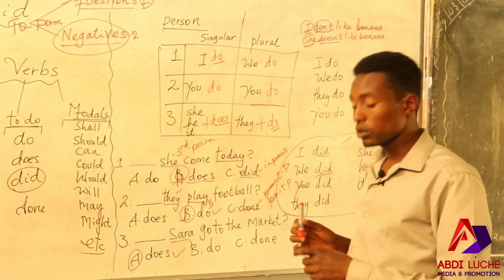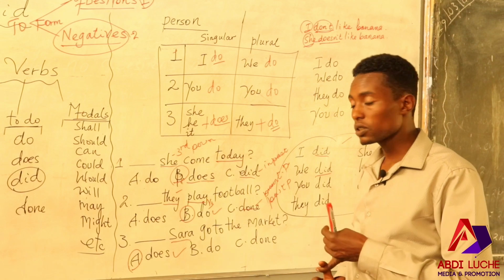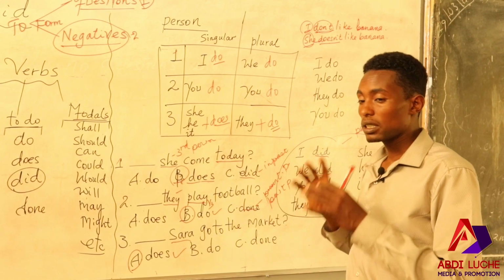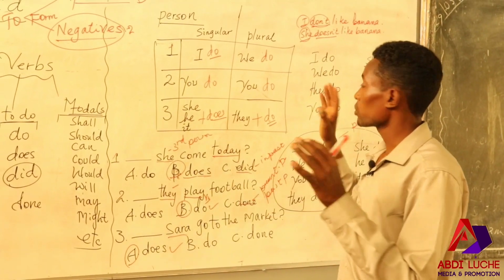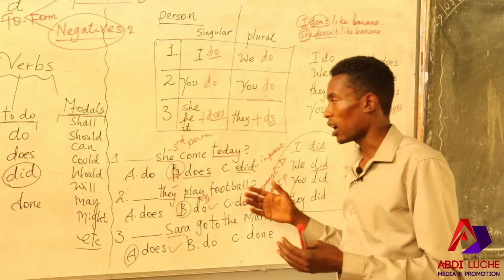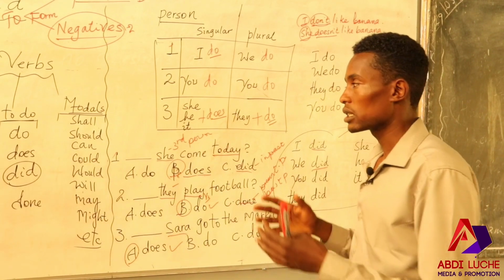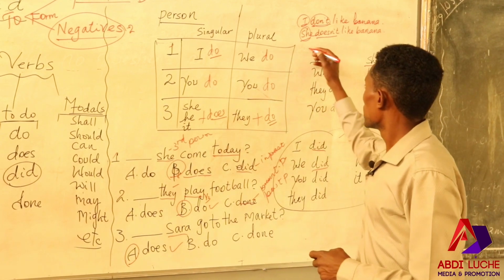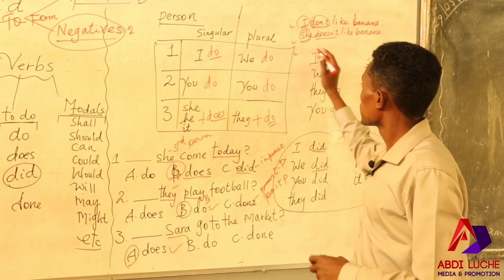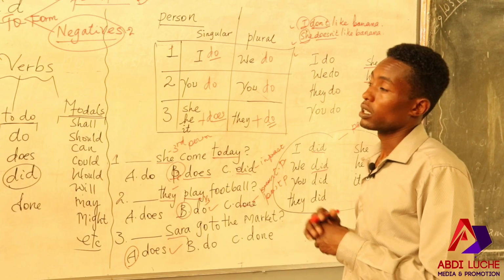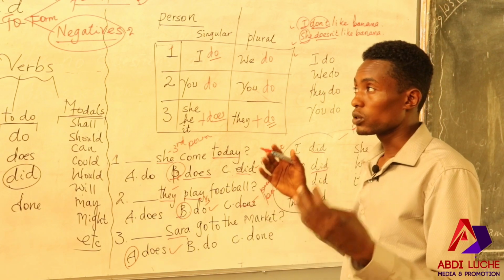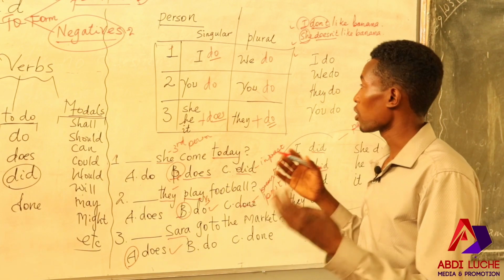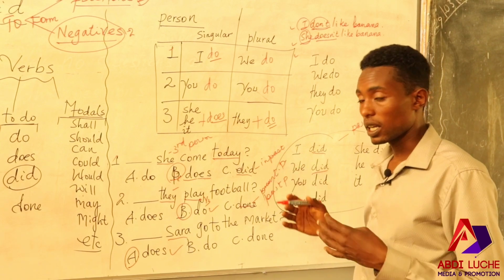So, as I have told you before, does with third person singular, except with third person singular, we use do with I, we, they, and you. So, in our speech, we use auxiliary verbs do, does, and did to form questions and negatives.